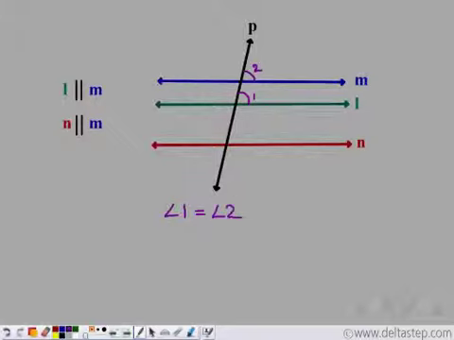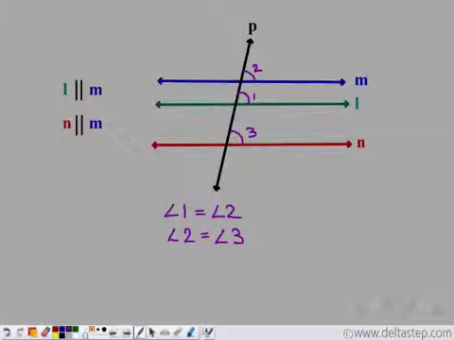Now N is parallel to M. So again their corresponding angles will be equal. What is the angle corresponding to this on N? This angle. Let me call this 3. So since N and M are parallel, we can say angle 2 is equal to angle 3.